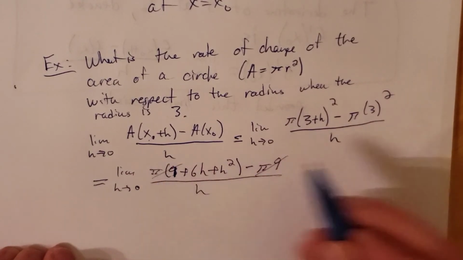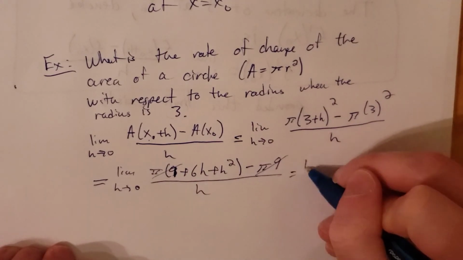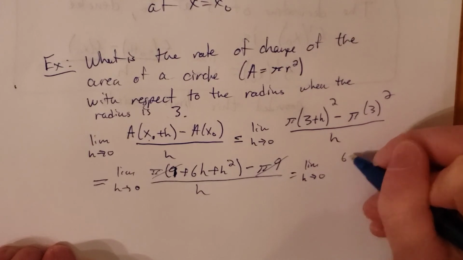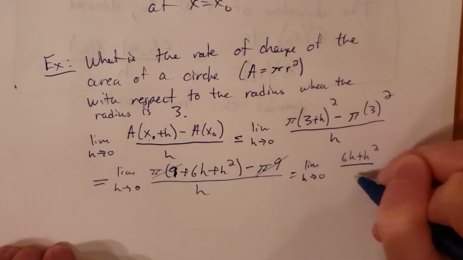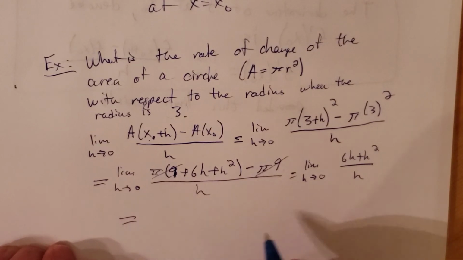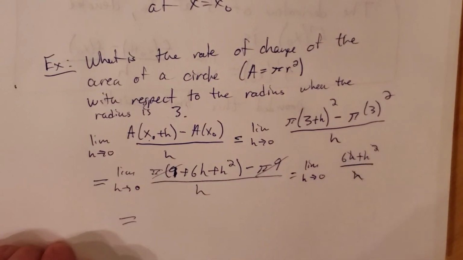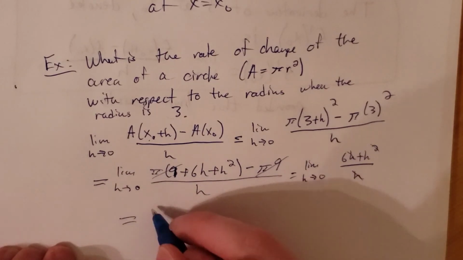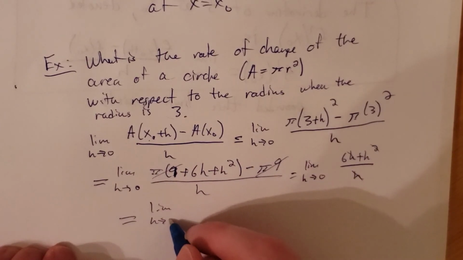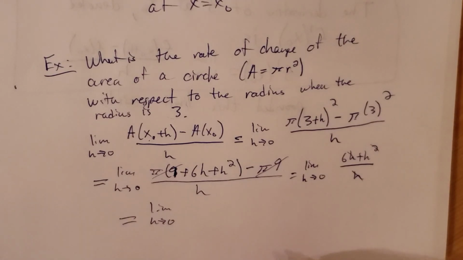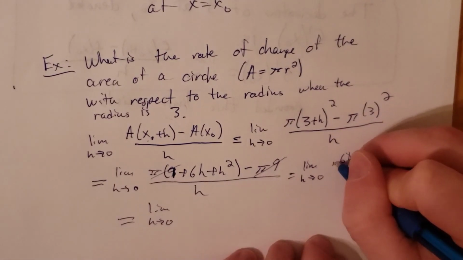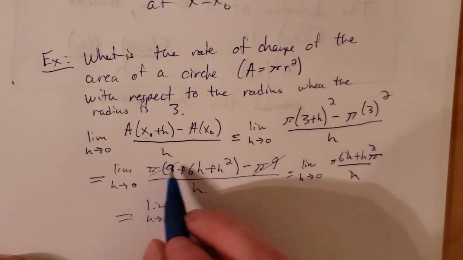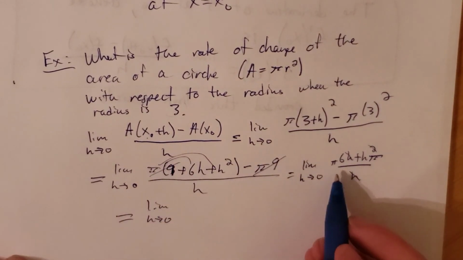Pi times 9 and pi times 9 cancel, so we get the limit as h goes to 0 of 6h plus h squared, all over h. We factor an h out of the numerator, then we can cancel. Oops, I left off some pi's. I'm sorry about that. That should have distributed.